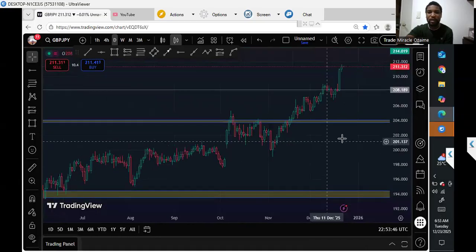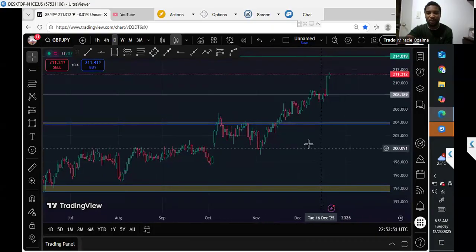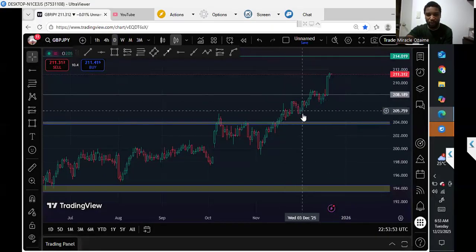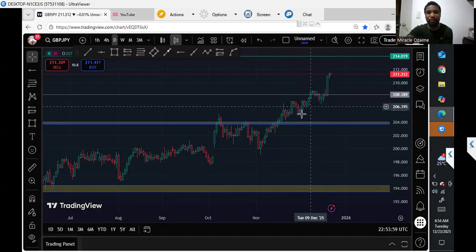It's because remember what I just told you on US30 just now. If you see a push, a drop, a push, a drop, this is like an exhaustion pattern when price is already approaching a major resistance. This normally happens like this.